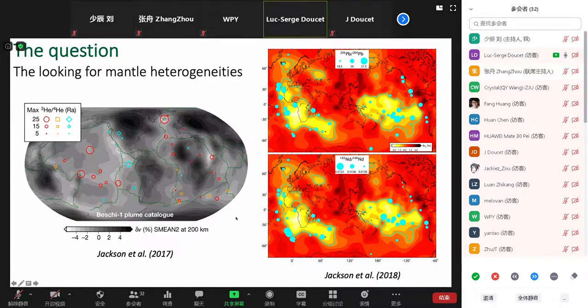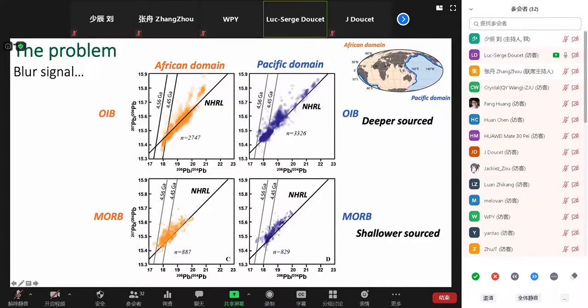So we know that the mantle is heterogeneous, but we still don't understand what's going on. And why is that? It's because if you look at the lead isotopes in the different domains, the African domain and the Pacific domain, from the OIBs here and the MORBs here, you see that everything is overlapping, right? Everything is pretty much the same signal.